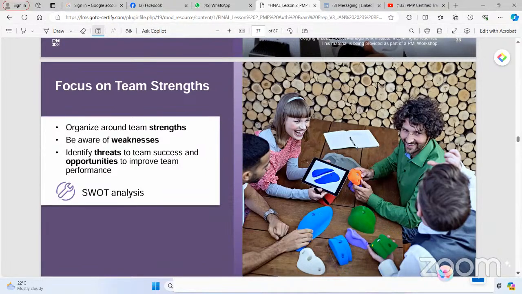What are the weaknesses we have, let's be aware of them. And together as a team, we may have certain opportunities, or we may identify many threats early on, so that we can prepare ourselves to deal with those hiccups and risks.